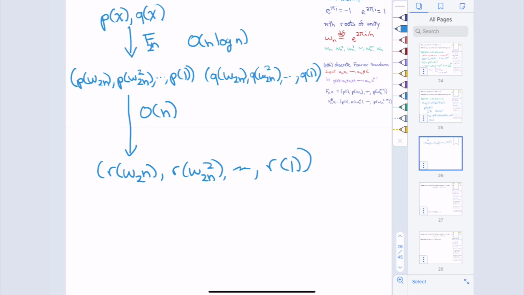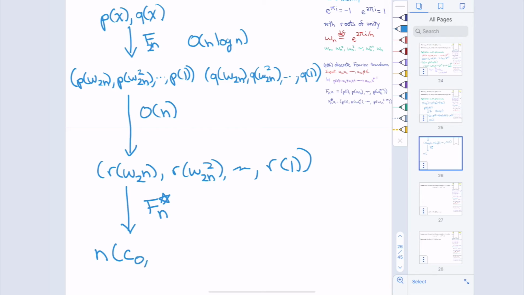Okay, so given the values for P and Q, I can get the values for R just by multiplying them together. And then I can apply this inverse version, Fn star, to those values, and I get back the coefficients times n.